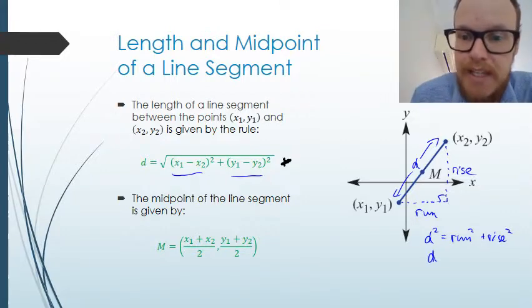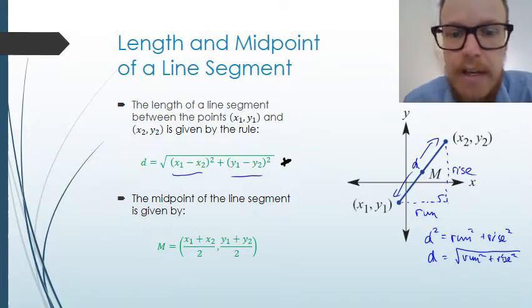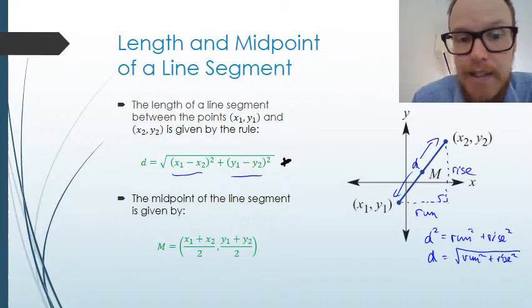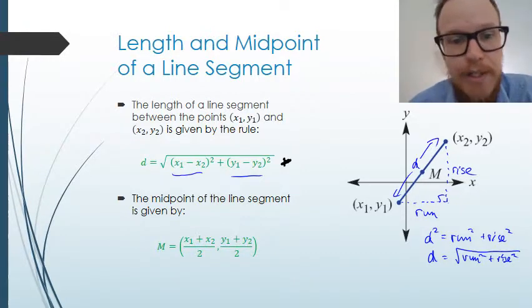So d is the square root of the run squared plus the rise squared, and the run is x1 minus x2, and the rise is y1 minus y2.